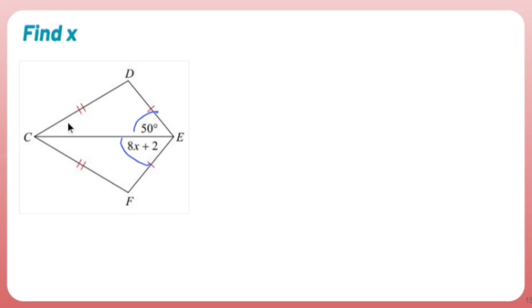What do we know about the diagonals of kites? Well, the diagonals of kites bisect the angle that it goes through. And if things bisect angles, that means this angle and this angle are exactly the same measure. So I can say 8x plus 2 equals 50 because they're the same.